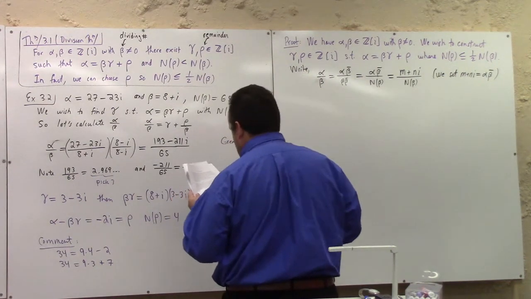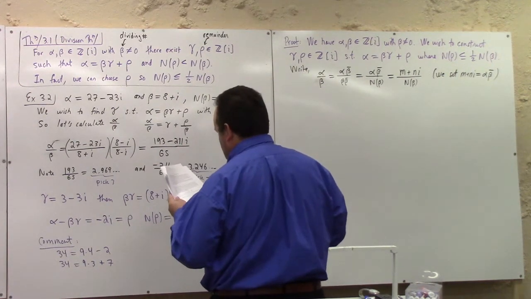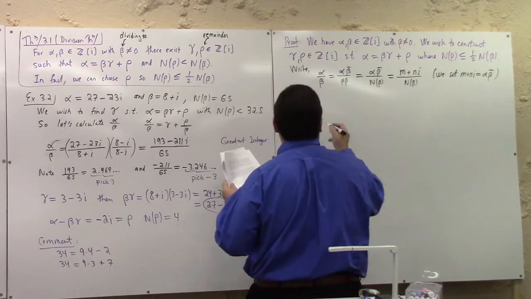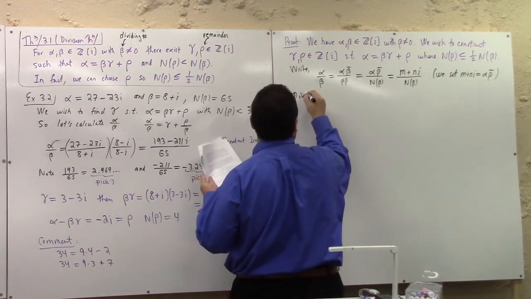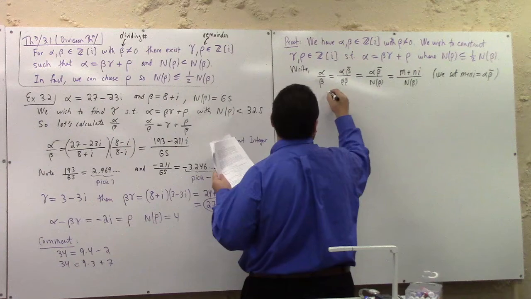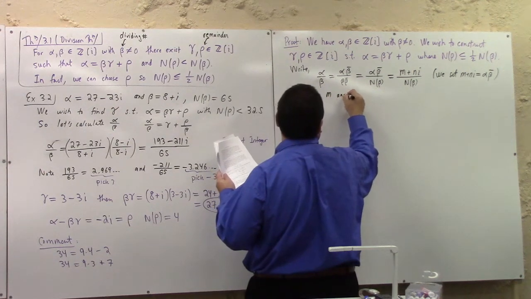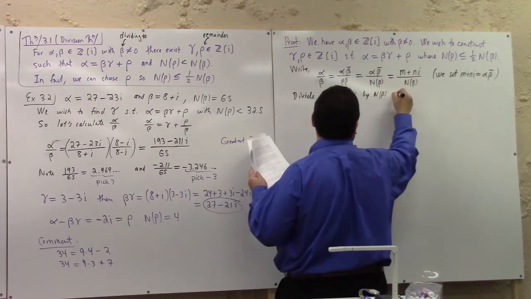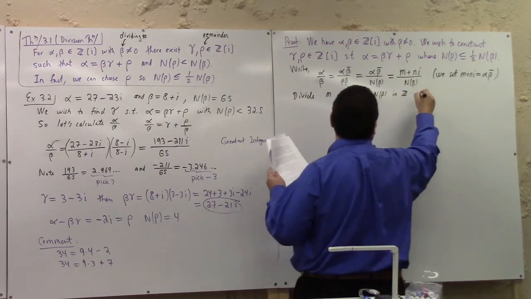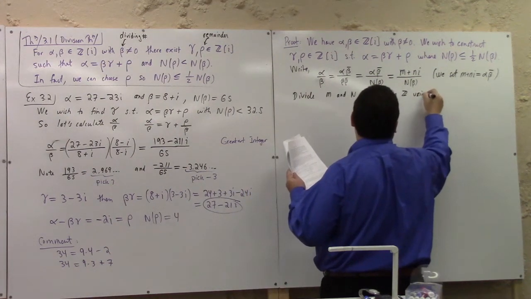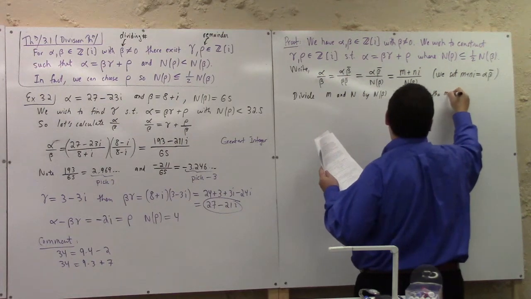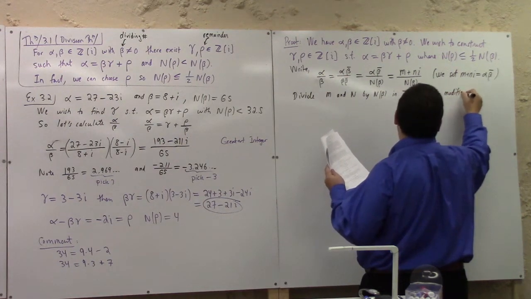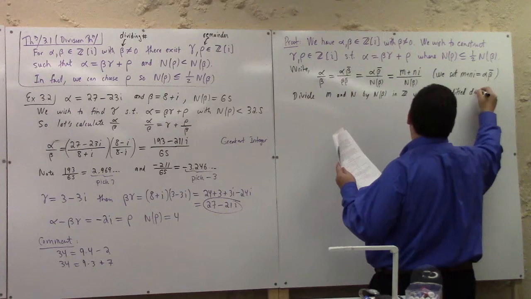He says, next, divide m and n by the norm of beta in Z using the modified division algorithm.